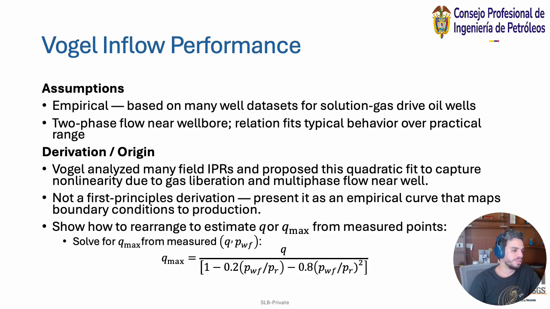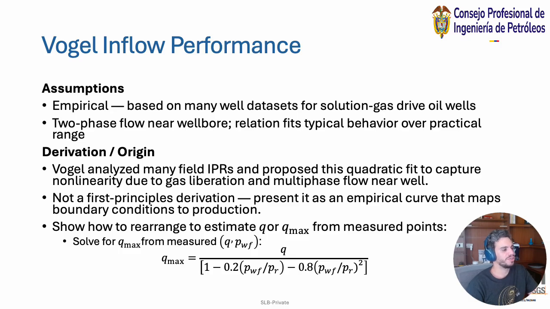And you mathematically denote that pattern through an equation, right? So this was not derived through theorems, basically. So it is empirical, based on multiple data sets for solution gas drive oil wells, right? So that's the context of what we're looking at here.